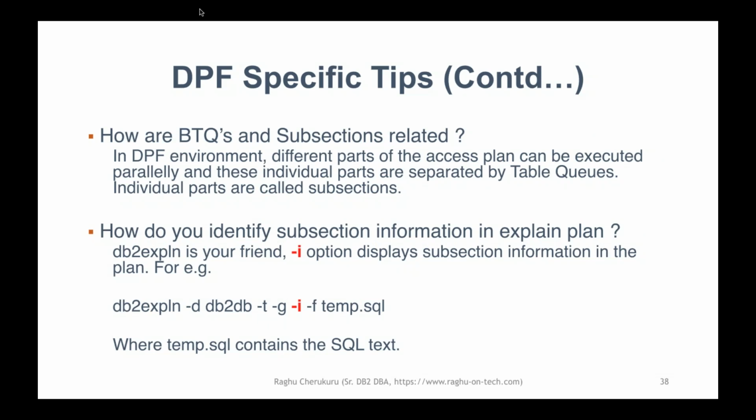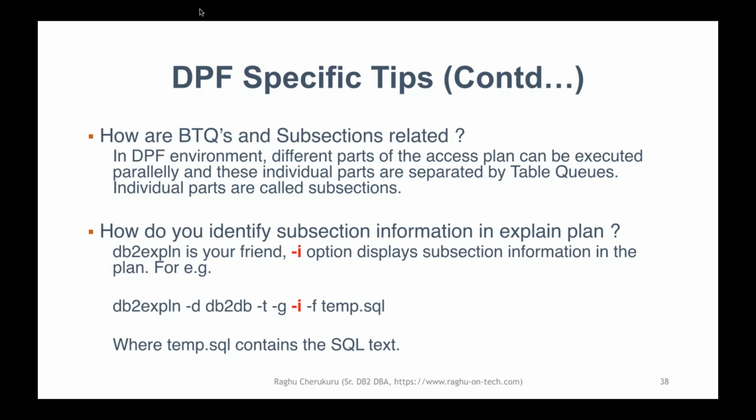So different parts of the access plan can be executed in parallel in a DPF environment. Different subsections can be executed in parallel. Like I said, they're connected through the table queues. To identify which subsection is which within the explain plan, you could use db2expln with the -i flag, and it will give you all the subsections for that access path.